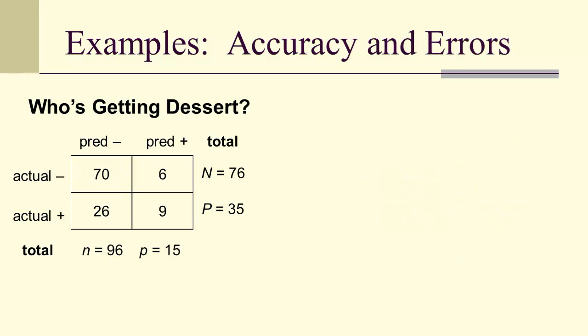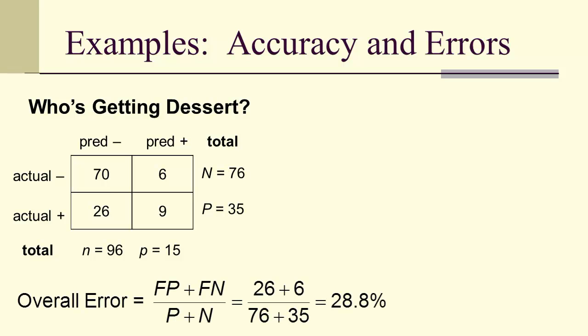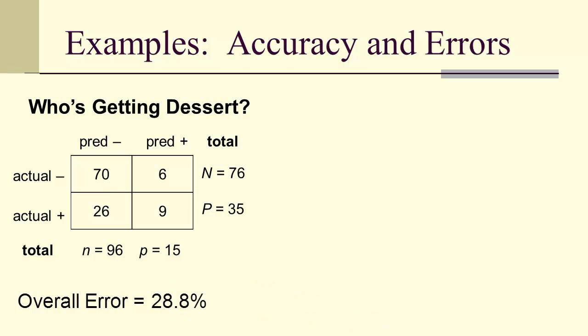So let's look at this in terms of accuracy and error. The error is the number of falsely predicted observations over the total number of observations. And for us, that's false positive plus false negative, which is 28.8%.